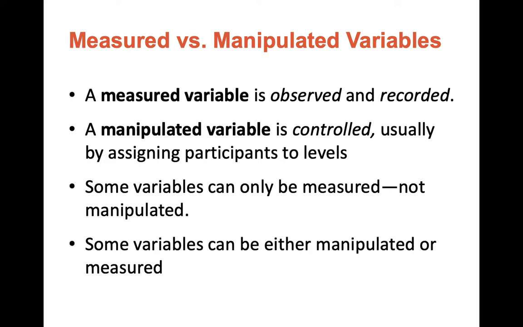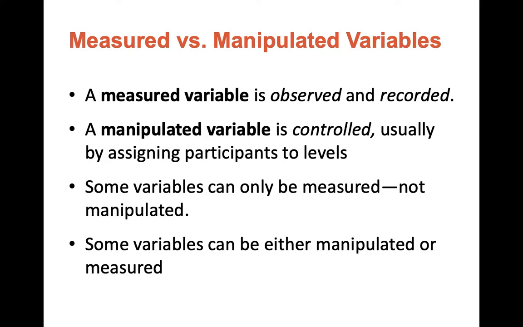There are other variables that could either be manipulated or measured. For example, you could look at the type of extracurricular activities that children do. You could measure, well, what extracurriculars are you in? Do you do music classes? Do you do dance classes?